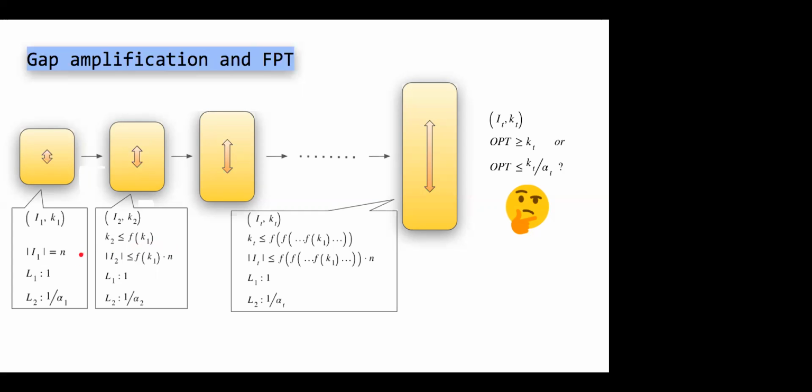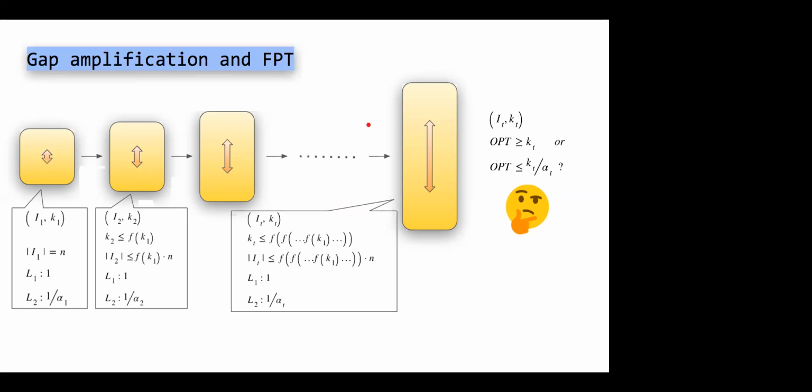And in each step, we can make the maximal fraction of satisfiable constraints slightly less and less. So we can again pipeline this reduction many times. And a really nice thing is that as long as the number of iterations is some function of the parameter, then this expression that we have over there is still some function of the parameter. So if t is some function of k, then we always get a gap-preserving parameterized reduction.